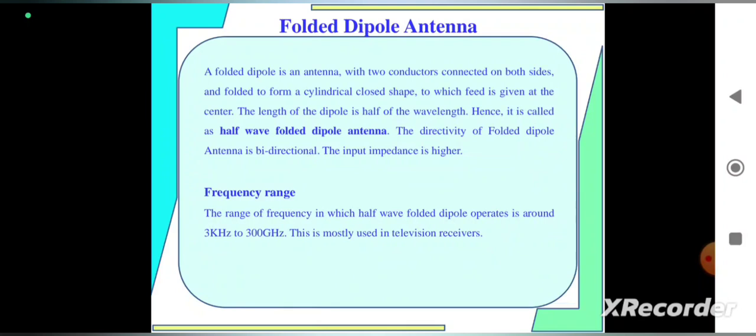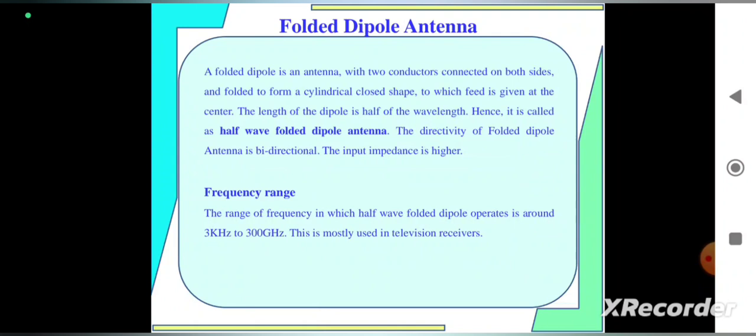Dipole antennas are the very simplest and most widely used type of antenna. Dipole means two poles. Hence, the dipole consists of two identical conductive elements such as rods or metal wires.